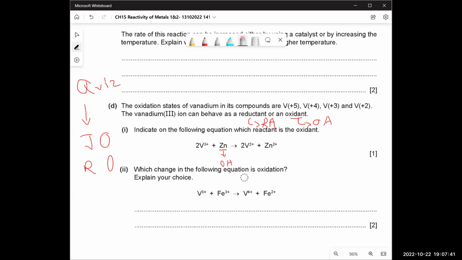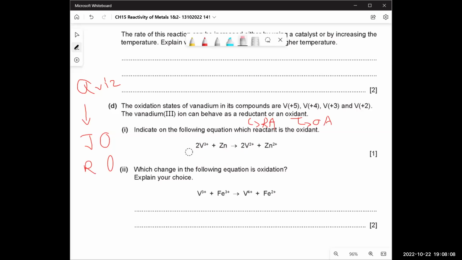So I'll see if your answer is correct or not. Quick. Sir, what is V actually? V is vanadium. So it will be the oxidant. Vanadium 3 plus or vanadium 2 plus? 3 plus. That's the correct answer.